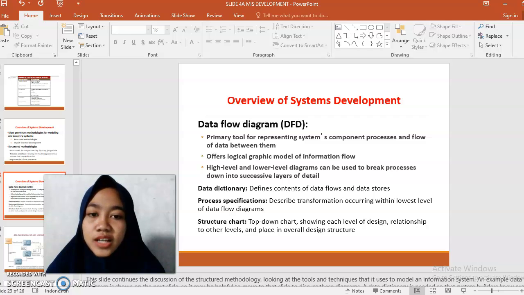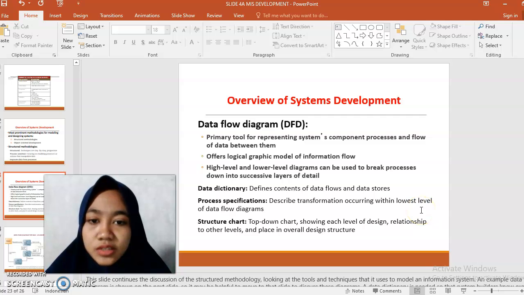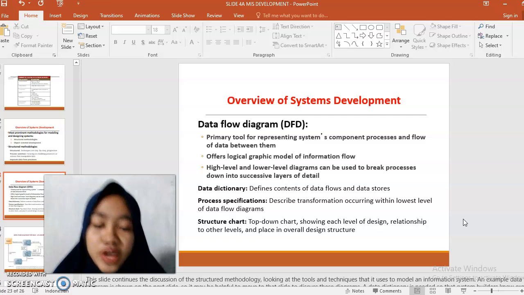Data flow diagram or DFD: the primary tool for representing a system's components, processes, and the flow of data between them. It offers a logical graphic model of information flow. High-level and lower-level diagrams can be used to break a process down into successive layers of detail.